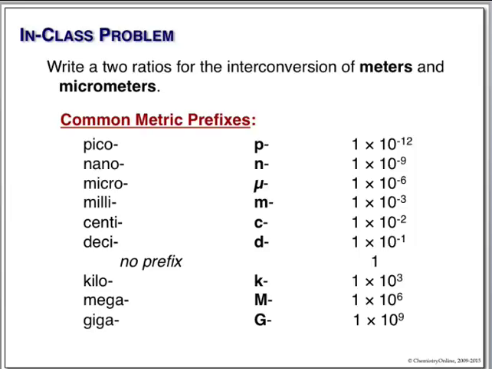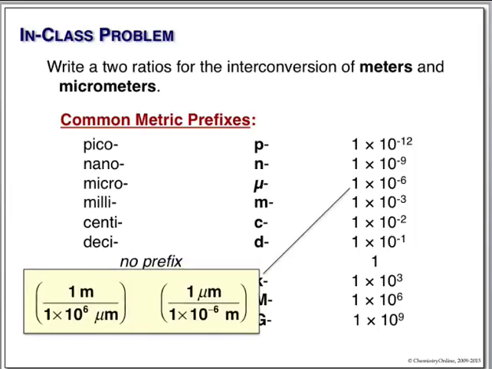The first one is always really simple. All you have to say is 1 micrometer is 10 to the minus 6 meters. That's always your first one. And the second one, you simply change the exponent here such that you have 1 meter is 10 to the 6th micrometers.